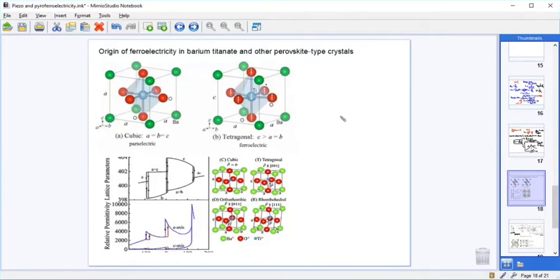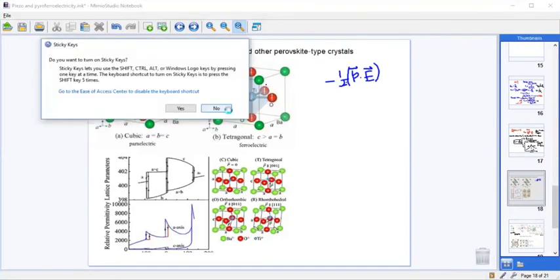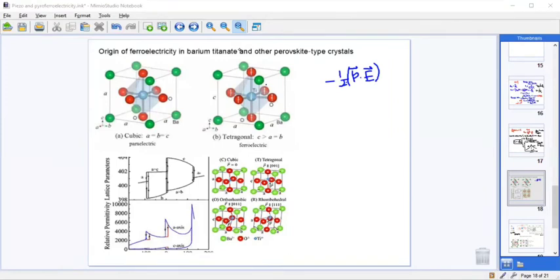So the interaction energy is minus half P dot E, where E will be of the order of minus P_S, and the interaction energy is of the order of 10 to the power minus 13 erg.